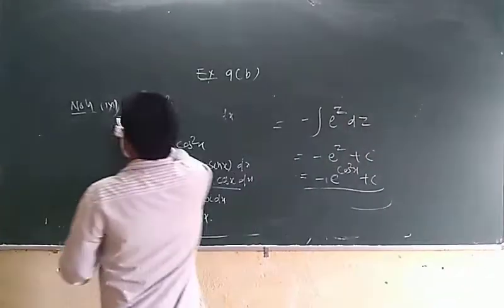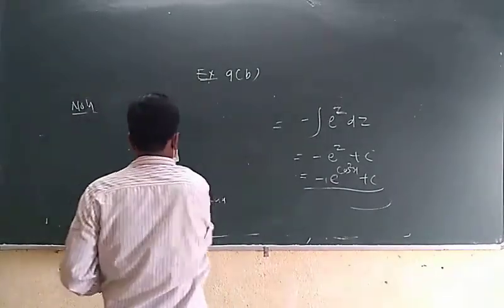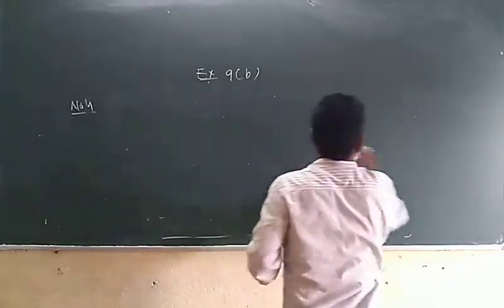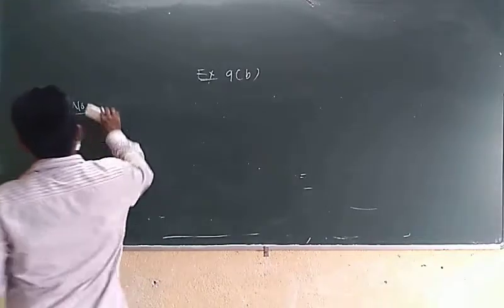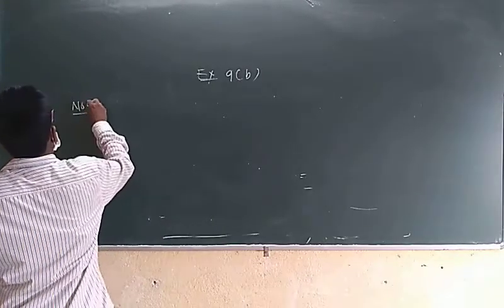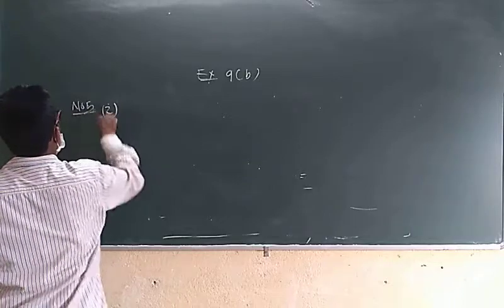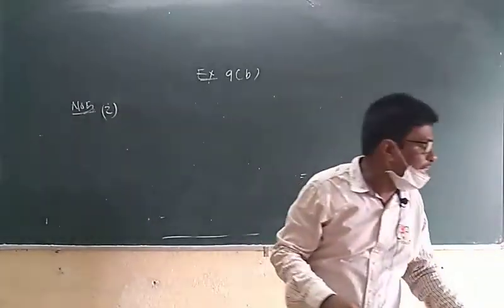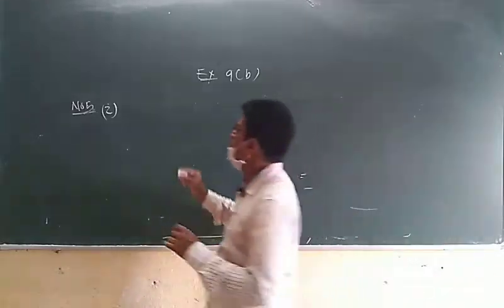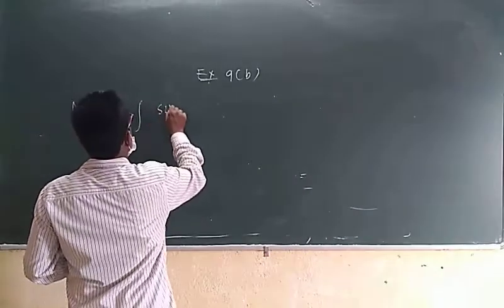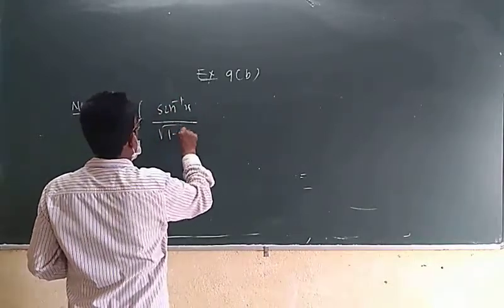Number 5i is given: sin inverse x by root over 1 minus x square dx.